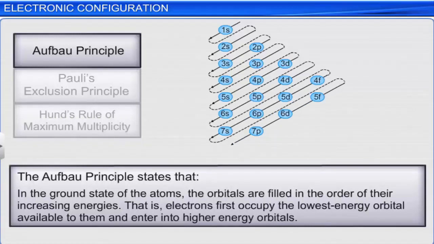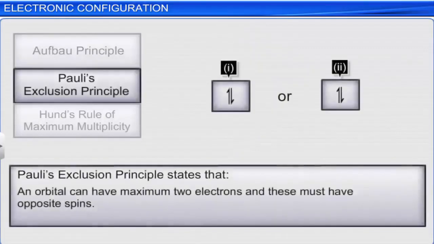The electrons enter into various orbitals in an increasing order of n plus l value. Second is the Pauli's exclusion principle. It states that an orbital can have maximum 2 electrons and these must have opposite spins.